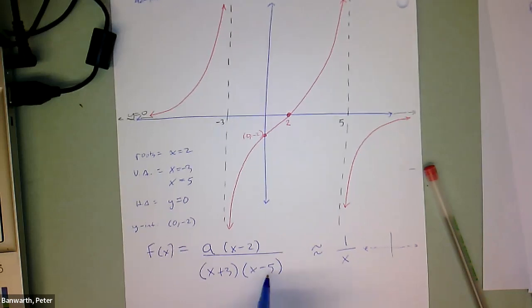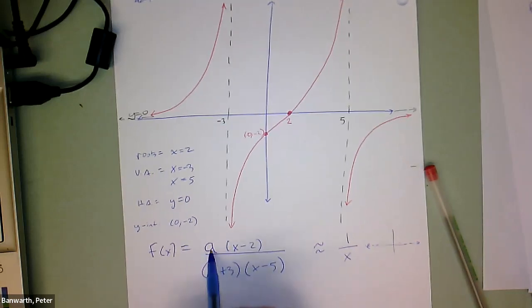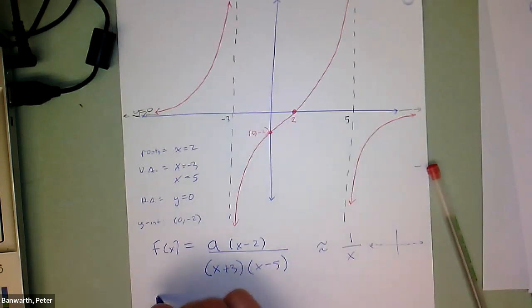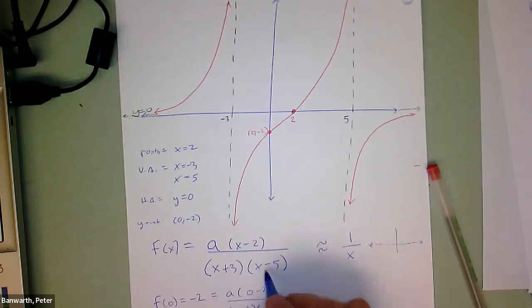So that makes sense. Now, how do I find out a? I use that piece of information that I have. I know f of 0 should equal -2. So -2 should be a times 0 - 2 over 0 + 3 times 0 - 5.